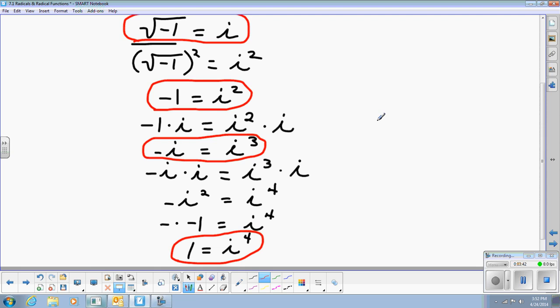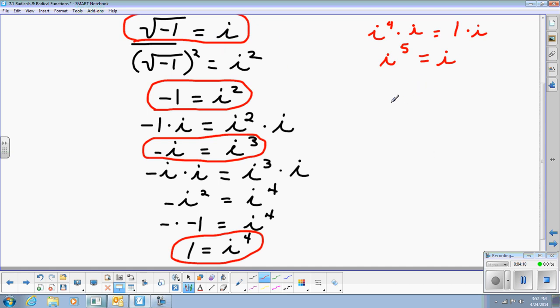So the next question you might have is, what does i to the fifth equal? Well, let's see. i to the fifth would be the same as i to the fourth times i. So that's like having 1 times i. So i to the fifth happens to be the same as i, or the square root of -1.